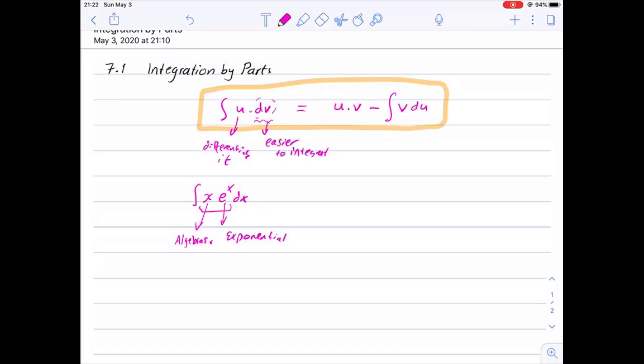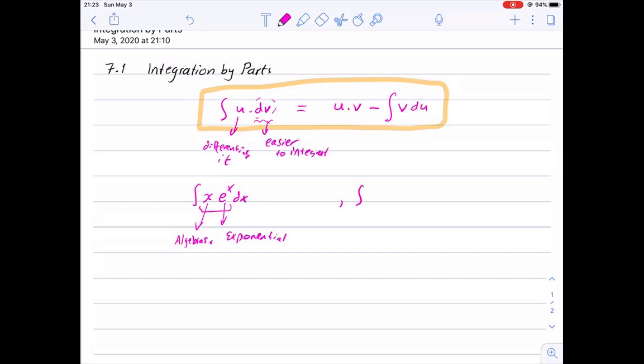If you remember from the previous section, when we learned integration by substitution, we said that it's very important to find some relationship between the parts of the function. The relationship should be as follows: one of them should be an original function, and the other part is the derivative of that function, or part of the derivative of that function. But here we have two completely different functions, x e to the x.